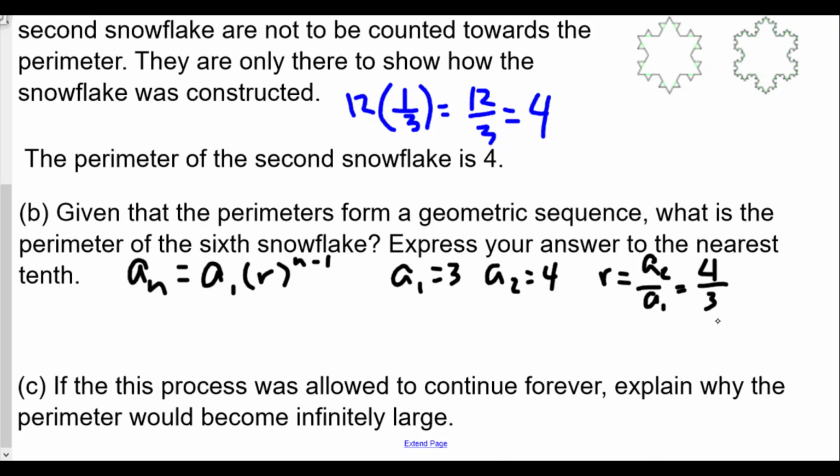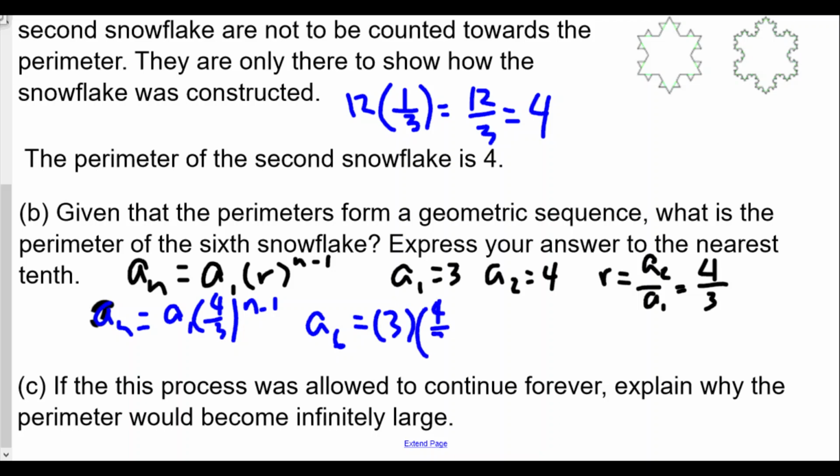So we can replace this here for the formula: An equals A1 times 4/3 to the n minus 1. Or in this case, A6, because we're looking for the 6th snowflake, is equal to A1, which is 3, times 4/3 to the 6 minus 1, or 5th power.